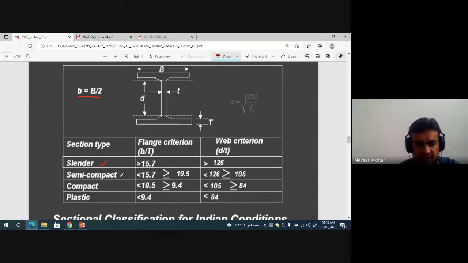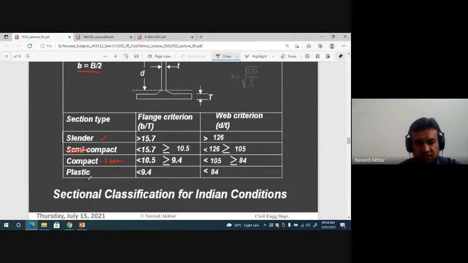In between, here it is written compact, and this one is the same. So you can do that. For compact and semi-compact, the ratio is less than 10.5, greater than 9.4, and if it is a plastic section, then the value of b by t ratio is less than 9.4.